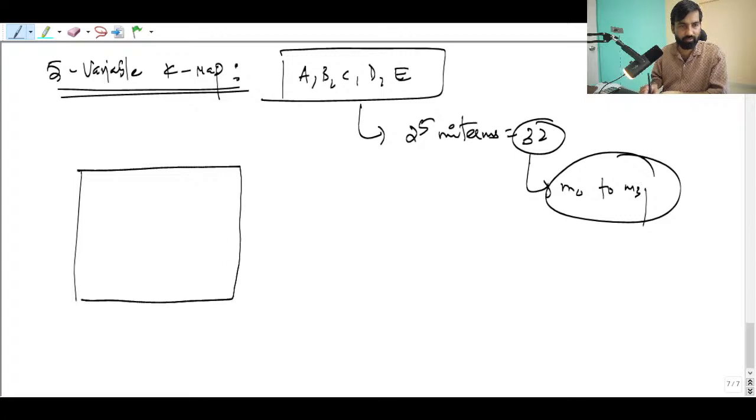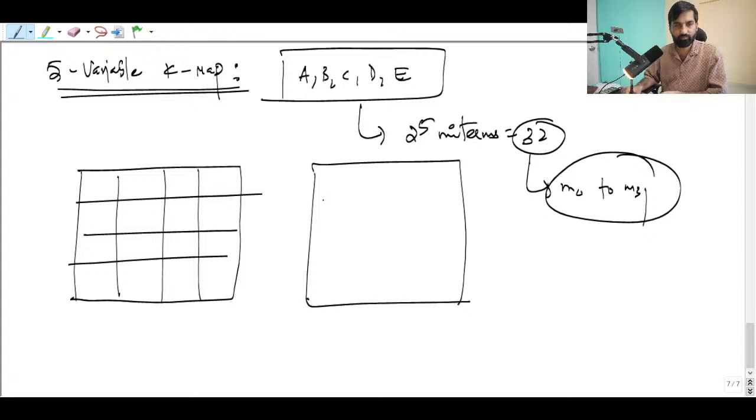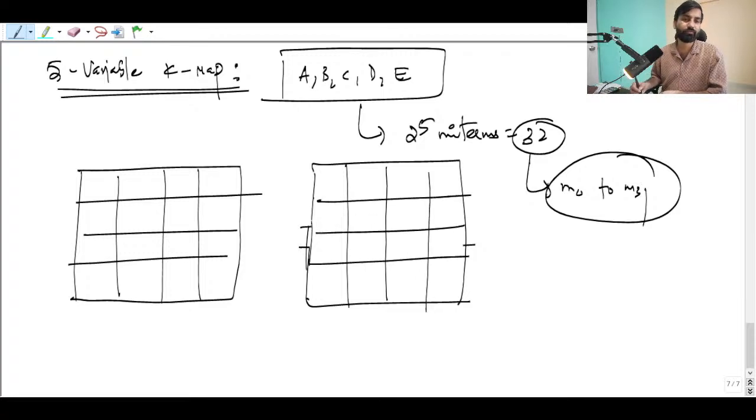This is one 4 variable K-map, and this is again one 4 variable K-map. याद रखना ये I'm talking about 5 variable, but you see what we are doing. We are drawing 4 variable K-maps and we are talking about 5 variable. So the way I'm drawing, please understand this, okay?